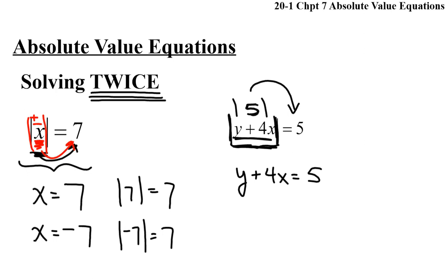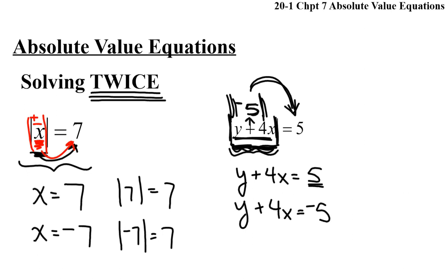Well, if I got my y plus 4x to equal a -5, what's the absolute of -5? Well, it's also 5. So what I have in the absolute brackets, I don't want this y plus 4x to only equal 5. This y plus 4x could also have a value of -5. Because if this equaled -5, the absolutes turn that -5 into a positive 5.